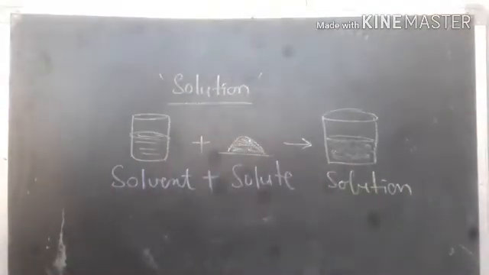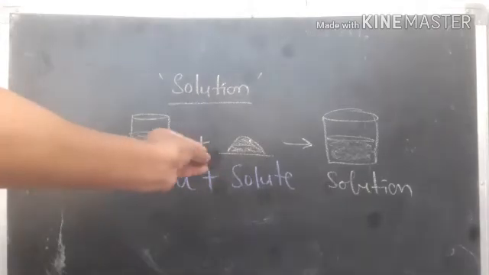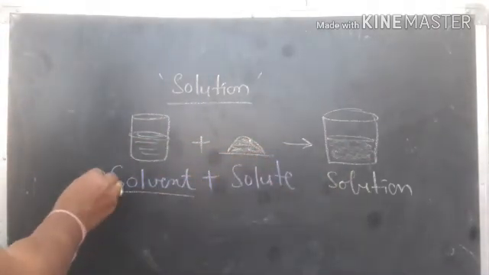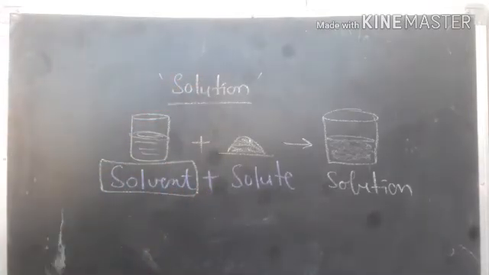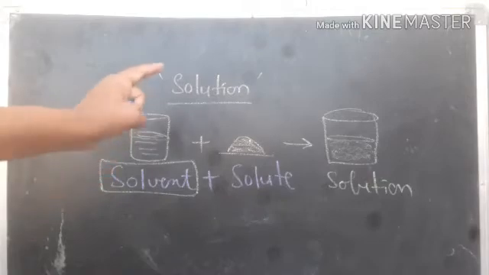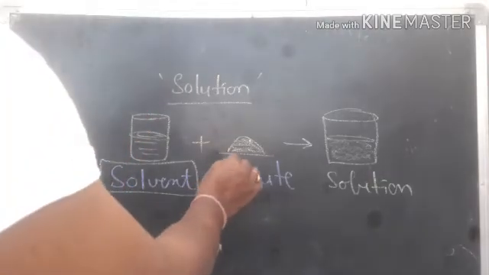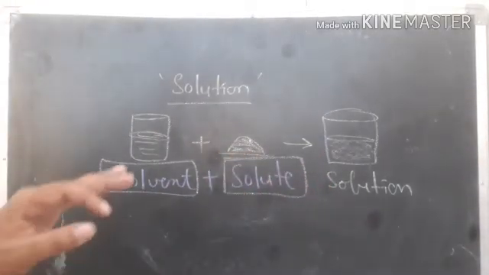So what happened here? The solvent, when mixed with the solute, becomes a solution. Let us see what is meant by solvent. Solvent is the liquid portion present in the solution. The liquid portion of the solution is called the solvent, whereas the solute is a particle.